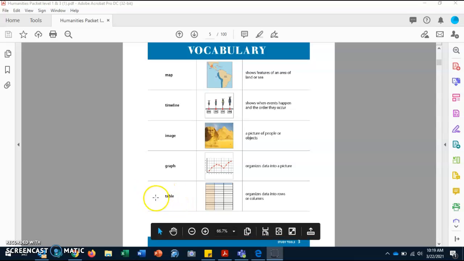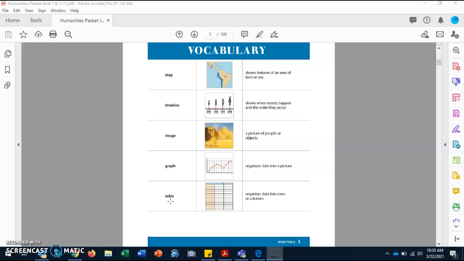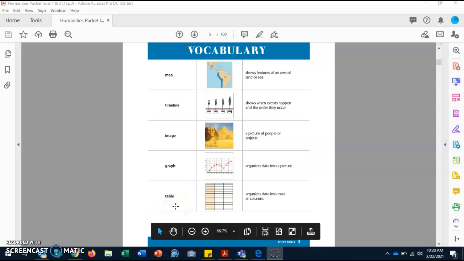And our last vocabulary for today is a table. And by table, they don't mean the table we sit at dinner or at school. Table, even though it's spelled the same, here in history, they're talking about organizing data into rows or columns.